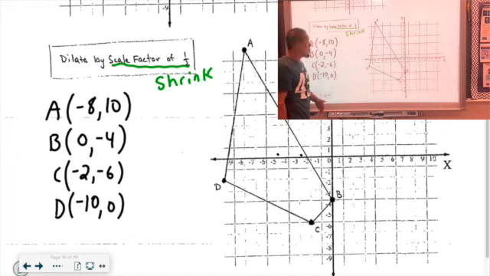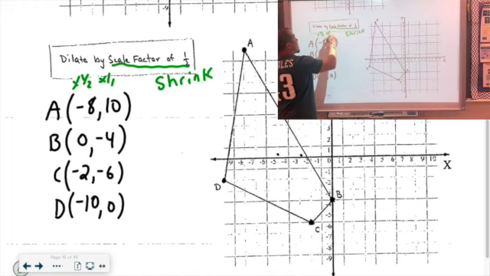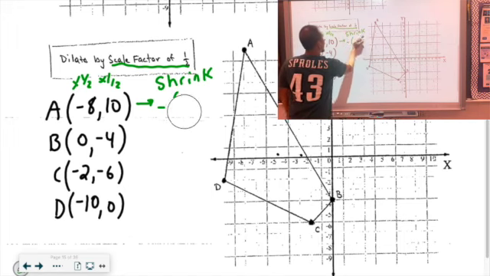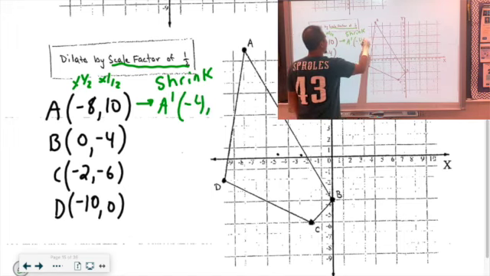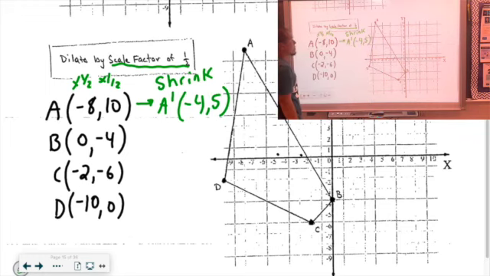Remember, when we want to dilate by the scale factor, we multiply the scale factor inside. So multiply by 1/2, multiply by 1/2, and that should get us A prime, -4, 5. Take our point B, multiply by 1/2, multiply by 1/2.